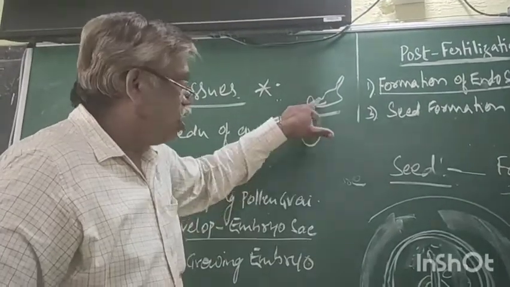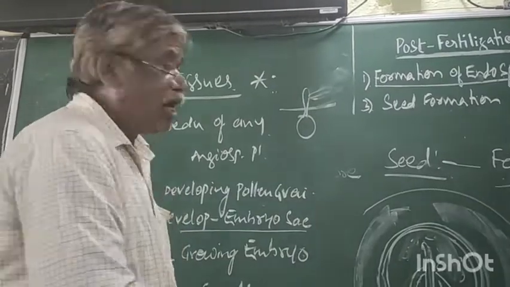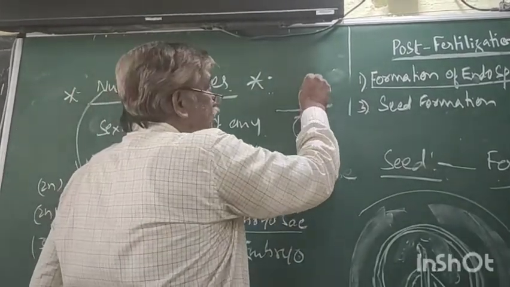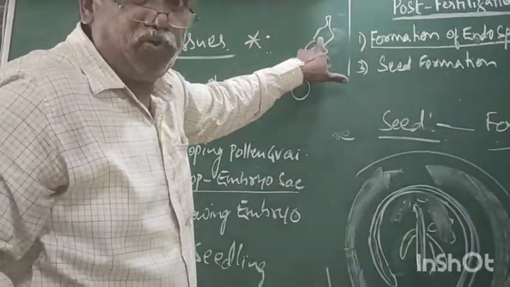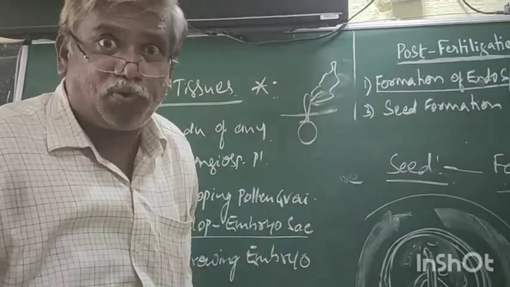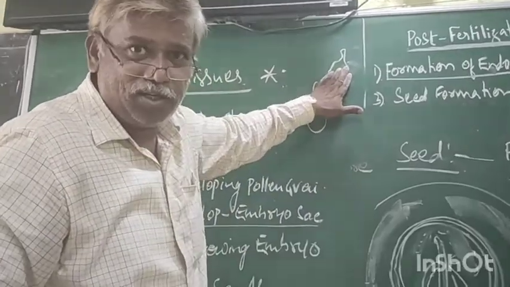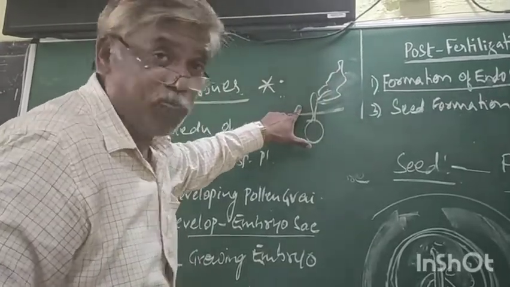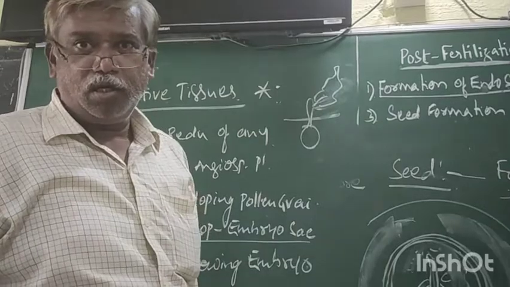Just after 1 week, this baby plant develops the leaf. When it develops the leaf, it captures the sunlight, undergoes photosynthesis, and makes its own food. But up to photosynthesis, this baby plant requires food. That food is cotyledons. Right.